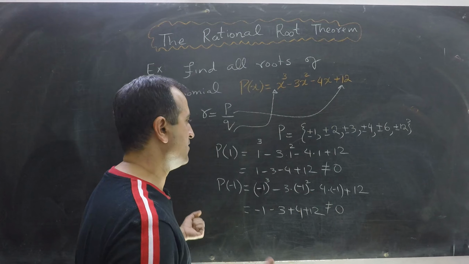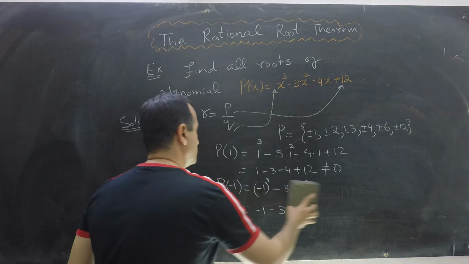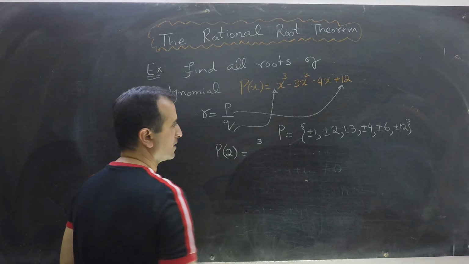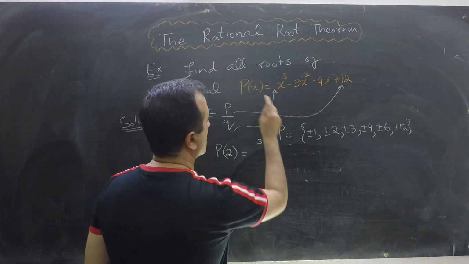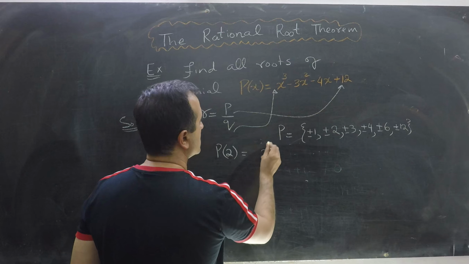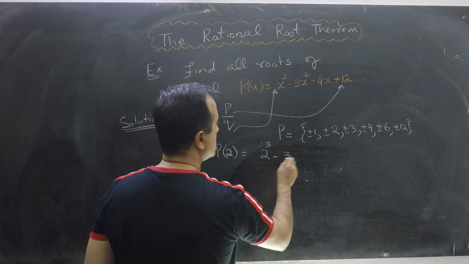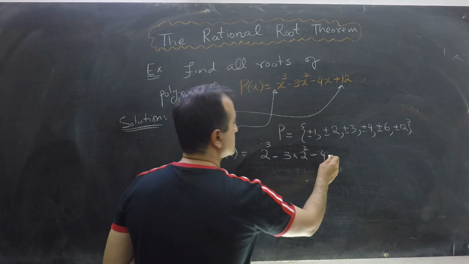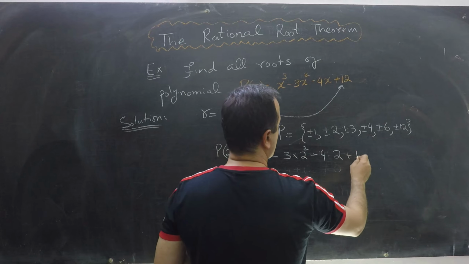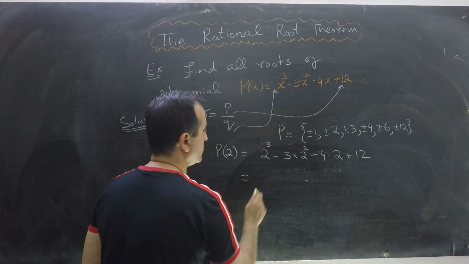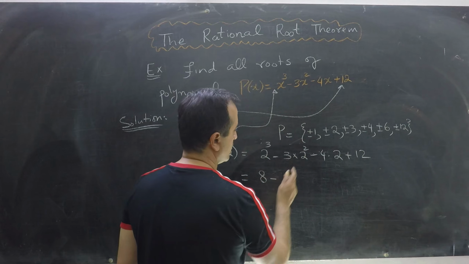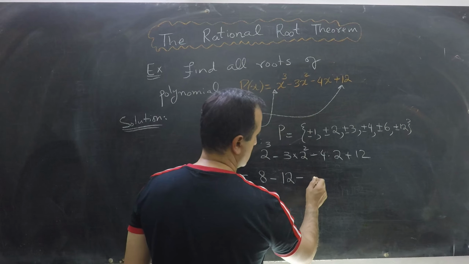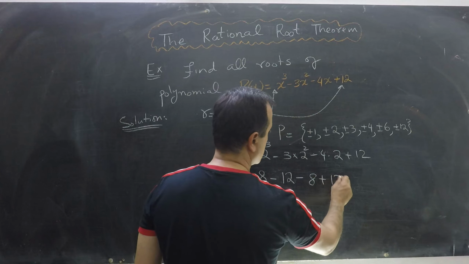Now let's try our luck with 2. With 2, I will have 2^3 - 3(2)^2 - 4(2) + 12. That will be equal to 8 - 12 - 8 + 12.